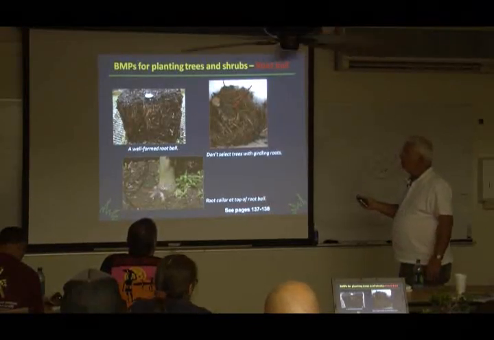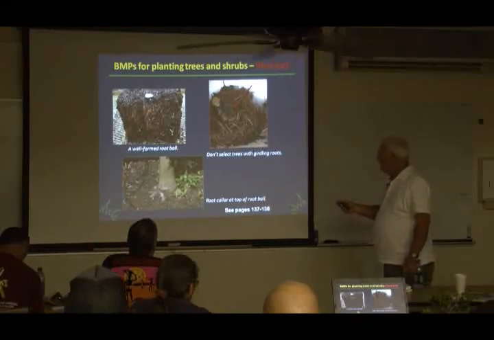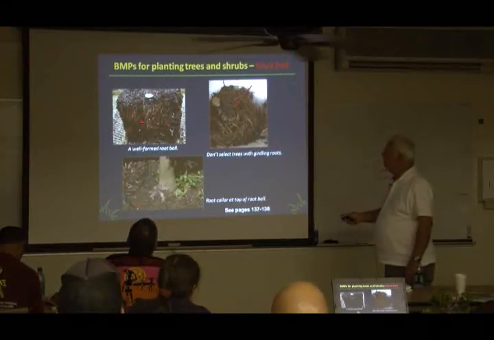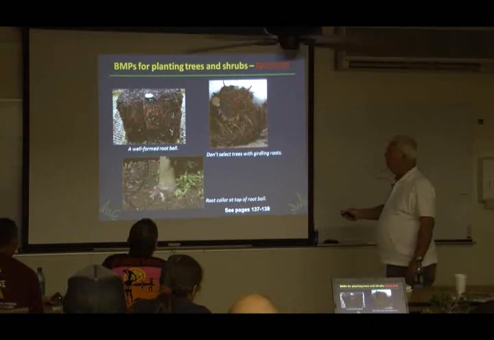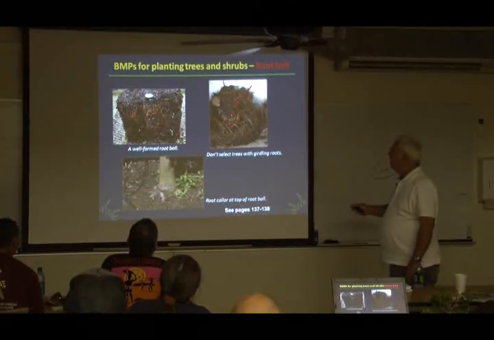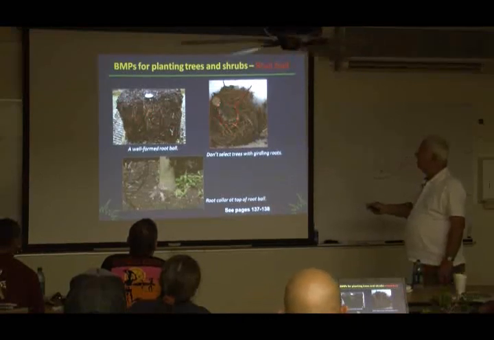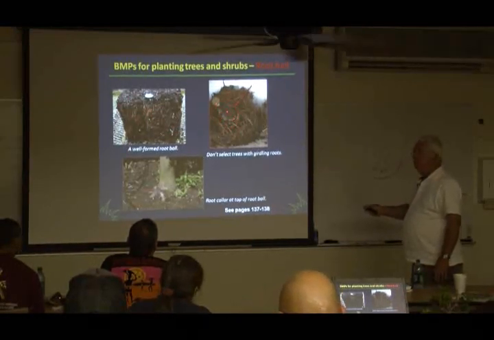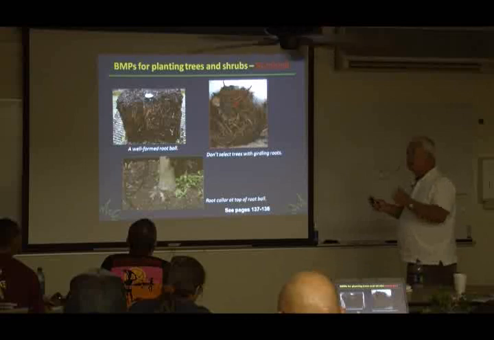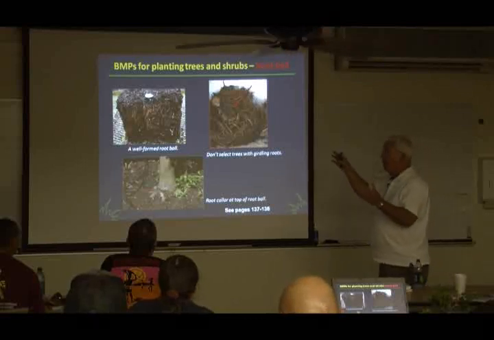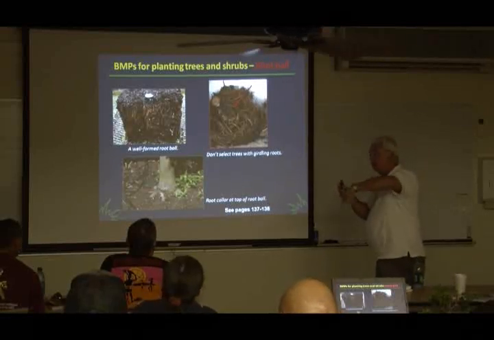Some of the things that can go wrong: here actually is a fairly well-formed root ball, although it's maybe a little bit beyond the point. But what you want to look for are these girdling plants that can happen when it stayed in the pot too long and roots don't have any place to go. It's usually the tap root that'll come around and just start going around.